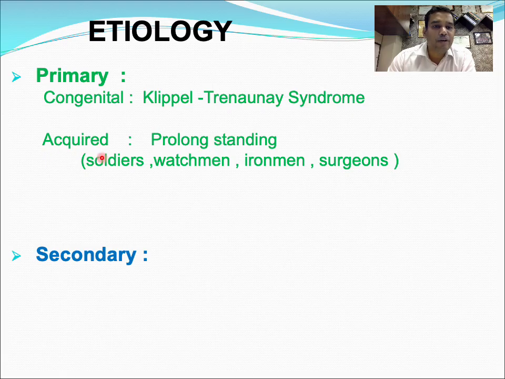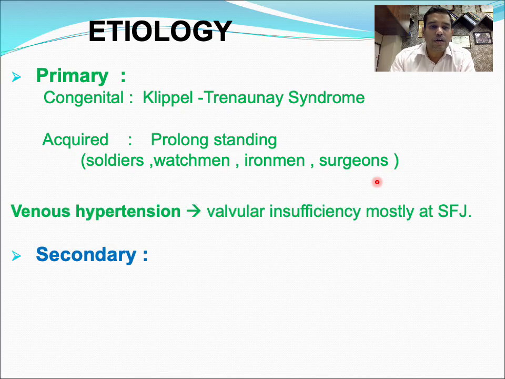Next is the acquired cause. Patients who have a history of prolonged standing, for example soldiers, watchmen, ironmen, and even surgeons, standing at a single point will develop venous hypertension in the lower limb because of valvular insufficiency, commonly at the SF junction.